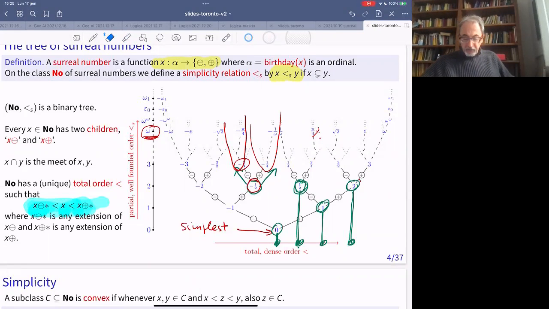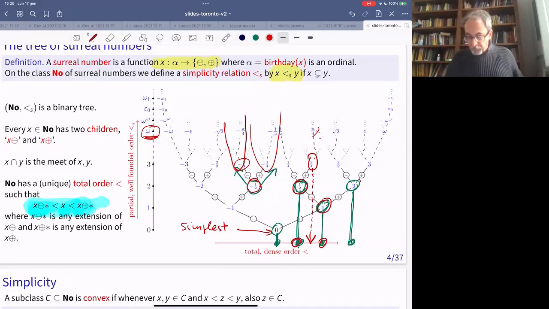Okay, now this is a dense linear order, a total order, because, for instance, between these two, which are 1/2 and 1, there is this 3/4, which just sits in between, right?